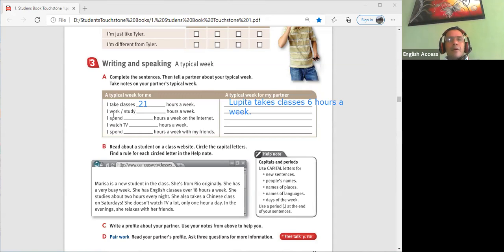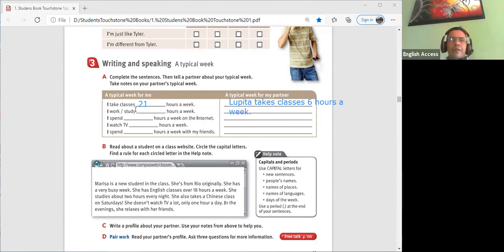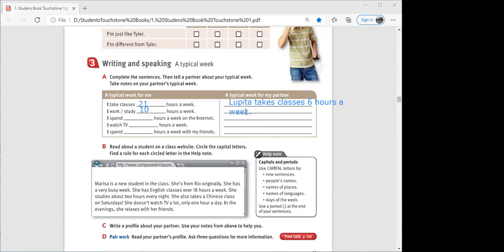Flor, I work or I study. How many hours a week? Flor? Or Alejandra? Sí, con Ale. Yes, that's your 10 hours a week, Flor. 10. What about your partner, Alejandra?